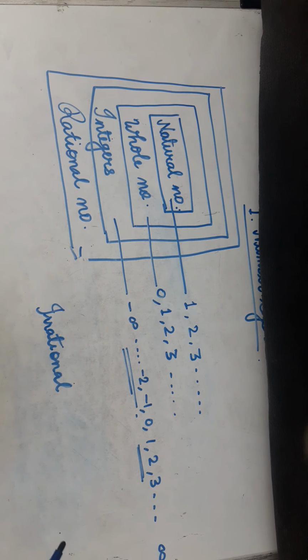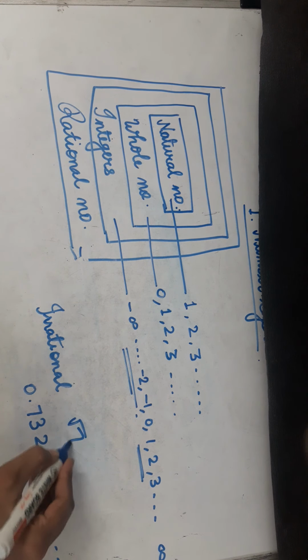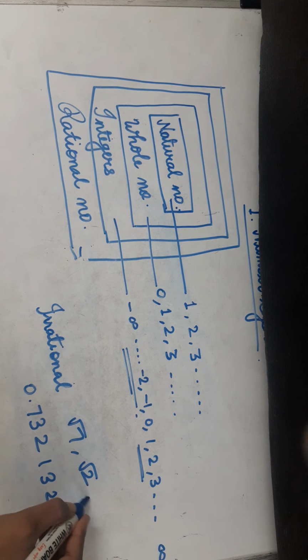A decimal number which is non-terminating and non-recurring. So it is irrational.